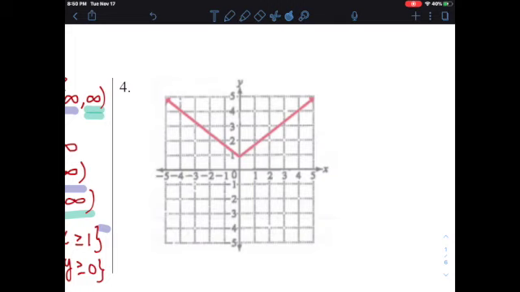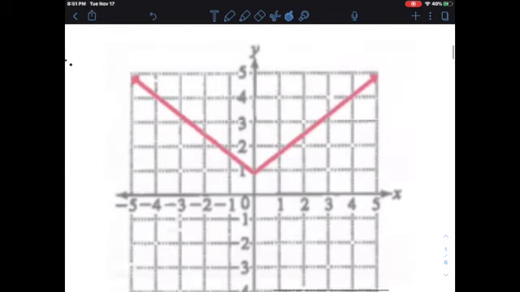Now, number 4, there's another easier way to think about this. I will actually write down all the corners or the turning points and all the ends. If you guys can think about this as points, let's label all the points. So the points for this guy right here, that's going to be at 0, 1.